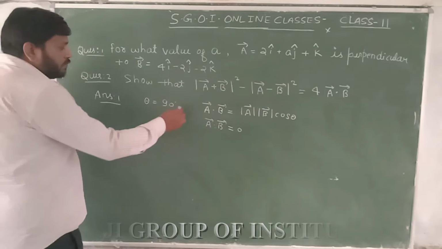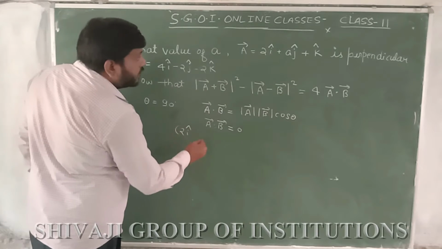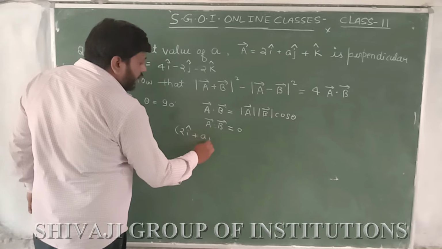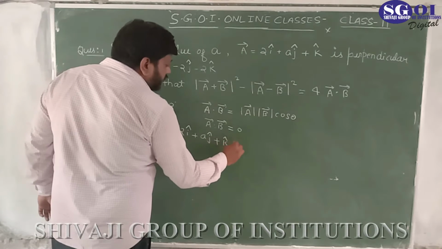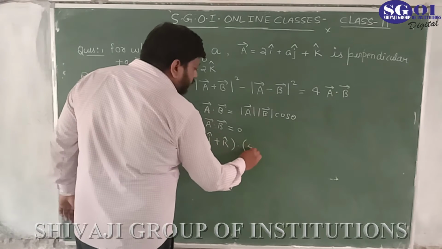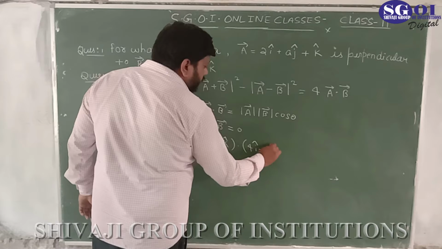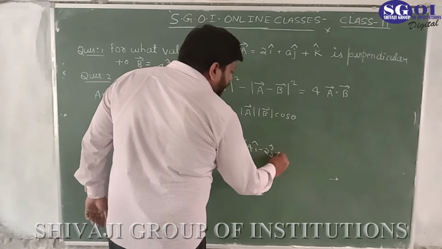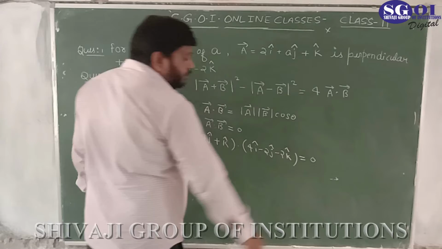So vector a is 2i plus aj plus k, unit vector, dot 4i minus 2j minus 2k equal to 0.